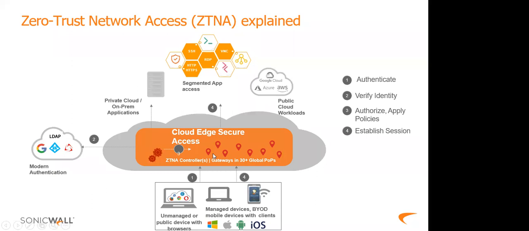After that, only then they will authorize you, and based on the policy that applies to you, then they will establish the connection for you, so that you can access your private apps or on-prem apps. All these like HTTP, HTTPS, RDP, VNC, like I told you just now, you can access after these three steps.